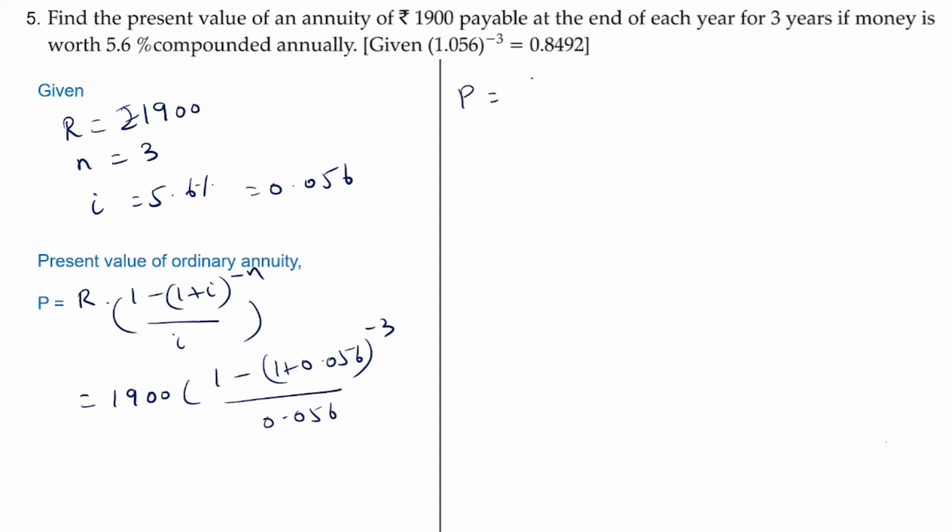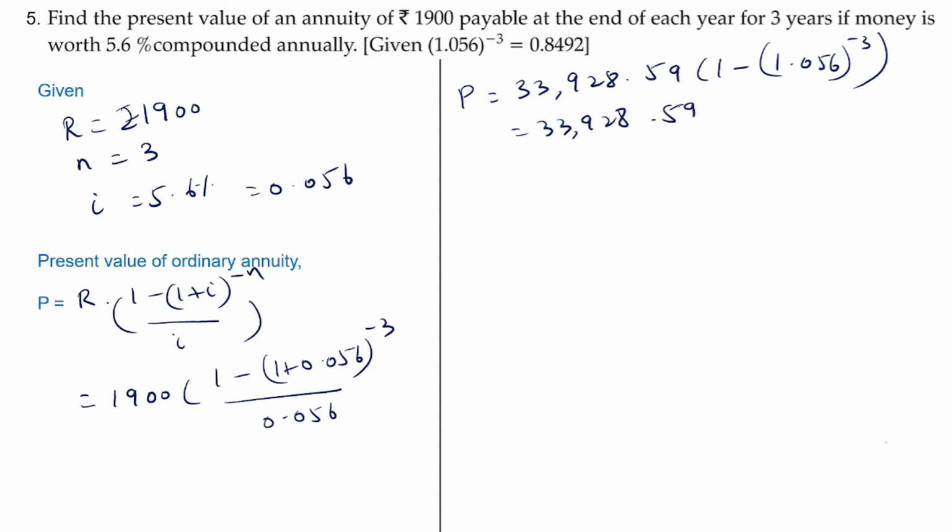So P is equal to 1900 upon 0.056, which is 33,928.59, into 1 minus 1.056 the whole raised to minus 3. The value of 1.056 the whole raised to minus 3 is given here, into 1 minus 0.8492.